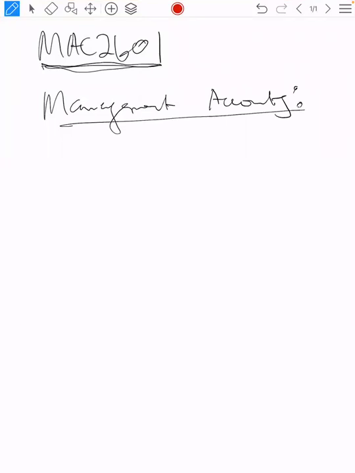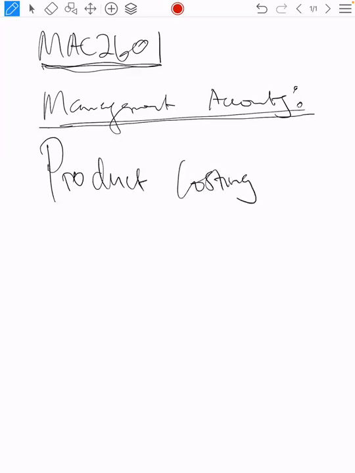We are going to be looking at mainly the role of the management accountant and its functions. But mainly in this module, we are going to be dealing with product costing. We are not going to look at the costing of a service. We are going to look at how we cost a product.